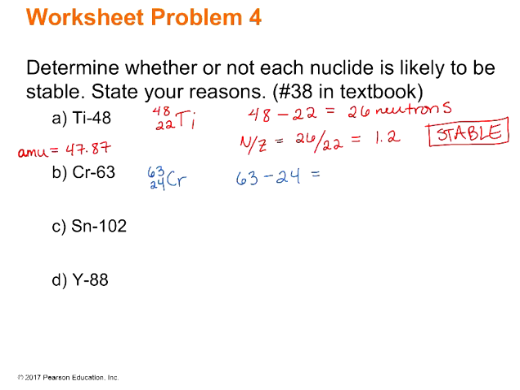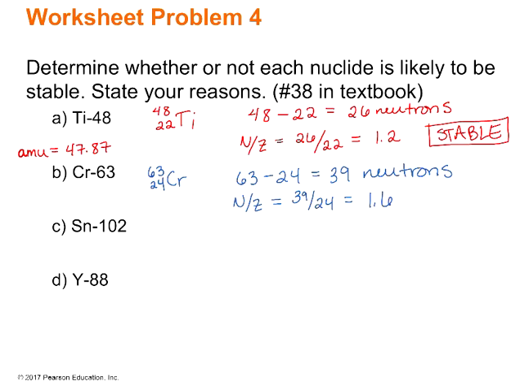So that should give us 39 neutrons. Okay. So let's look at the neutron to proton ratio. So that's 39 over 24. And that gives us 1.6. That seems a little high.